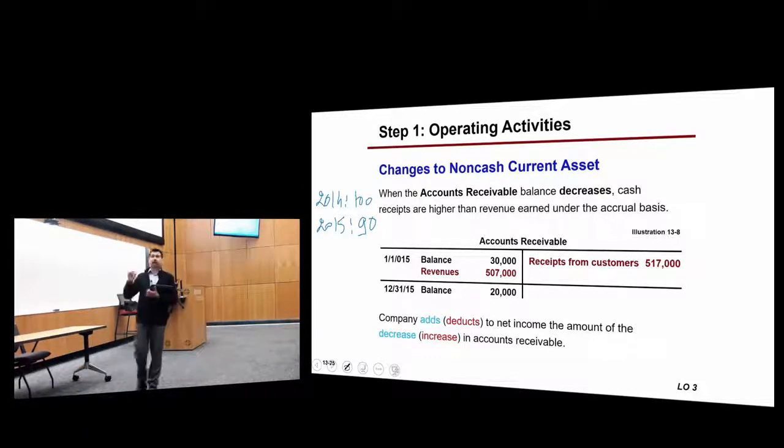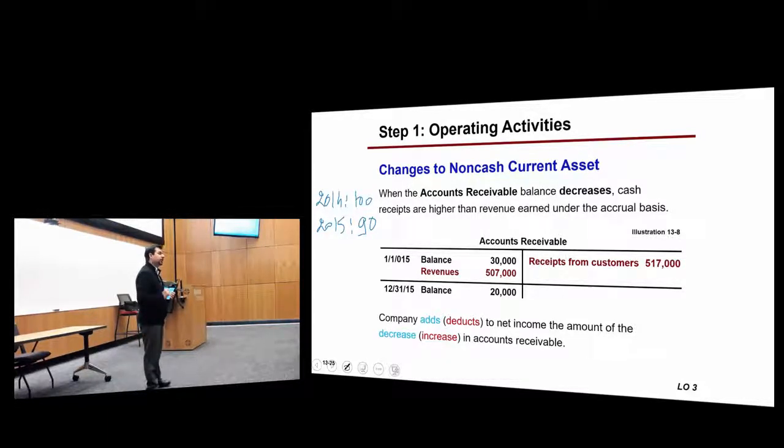Assume that during 2015, all their sales were in cash. Basically, the company collected $10,000 from their customers. The customers used to owe them 100,000. Now they owe them 90,000, right?